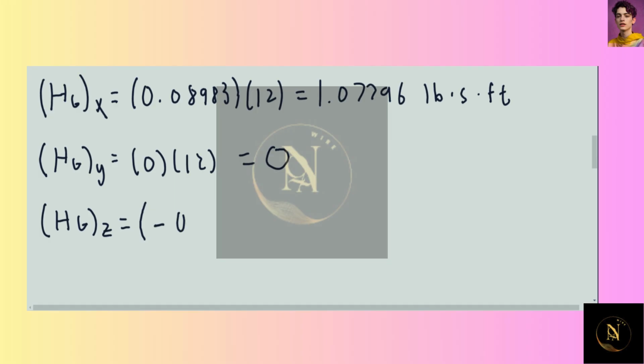That's going to be negative 0.0539 times 12, and this will be negative 0.6468 pound-second feet.